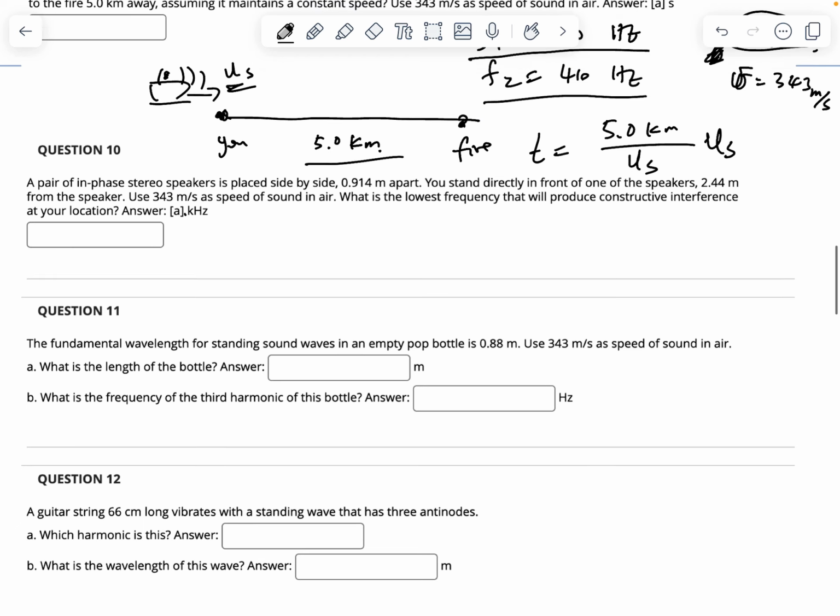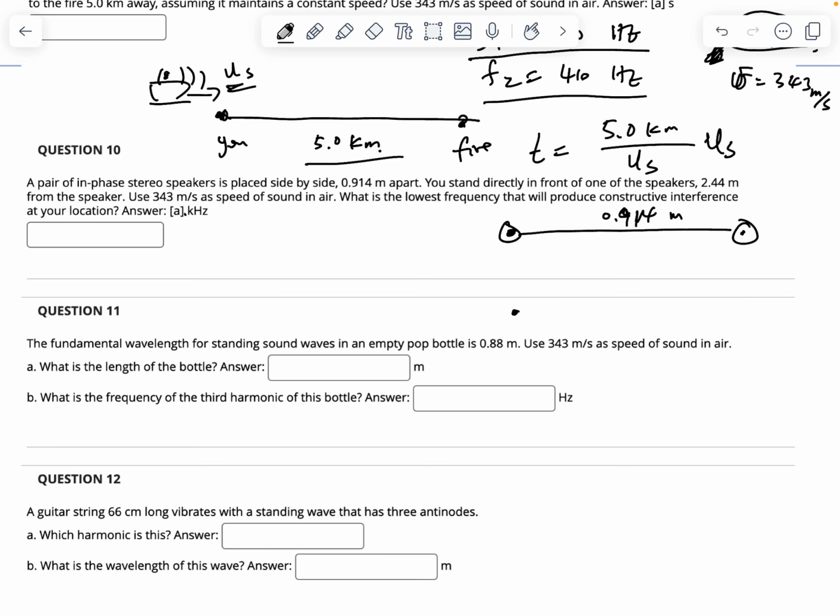Number 10 is here. A pair of in-phase stereo speakers is placed side by side. Okay, so this is a speaker, this is a speaker, right? And side by side, 0.914 meter away. Okay, you stand directly in front of one of the speakers, 2.44.